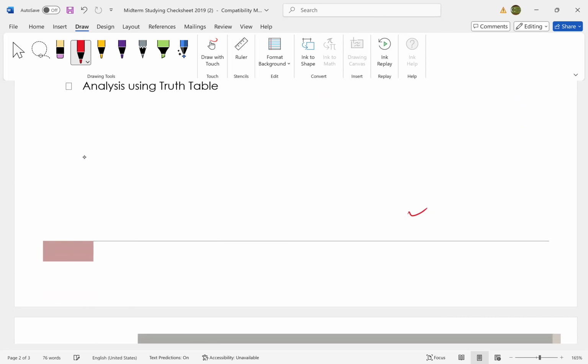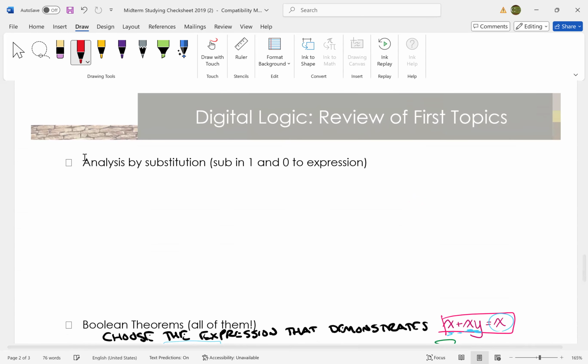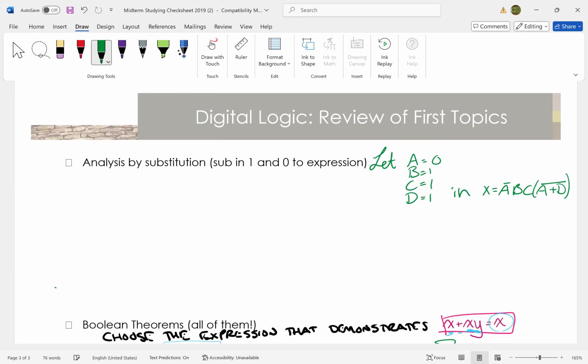All right. Let's do an analysis by substitution, which means we sub ones and zeros into an expression. The question says, let A equal 0, B equal 1, C equal 1, D equal 1 in X equals A prime B C, A prime plus D, A prime plus D, like that.